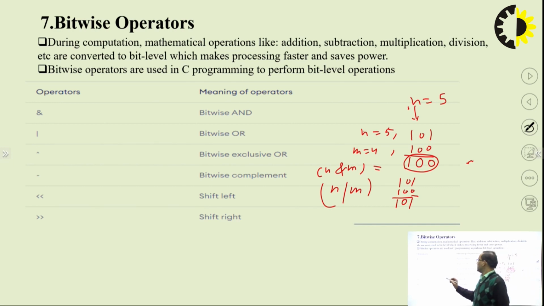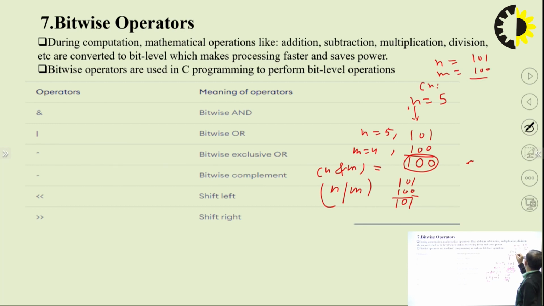Okay, next is the bitwise XOR, the exclusive operator, bitwise exclusive OR. What will happen in the case of exclusive OR? n is 101 and m is 100. When we perform bitwise XOR of n and m, what will be the result? When we match the corresponding bits, if both bits are different, then the output bit will be 1.